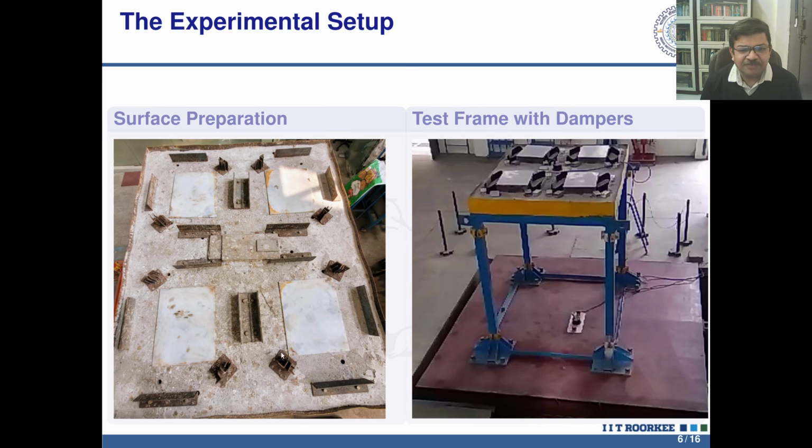In between these, we paste the UHMWPE sheet, and on top of this UHMWPE sheet, we place these concrete blocks, and then between these concrete blocks and these reaction blocks, we insert these leaf springs. So it is a kind of tongue-like construction that we can just fashion out of sheet metal.